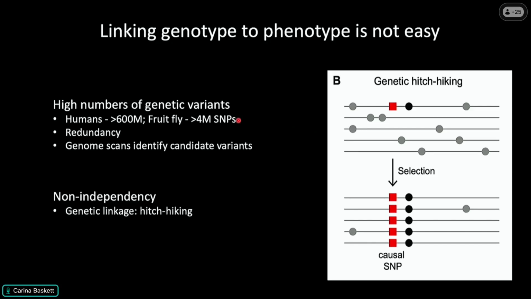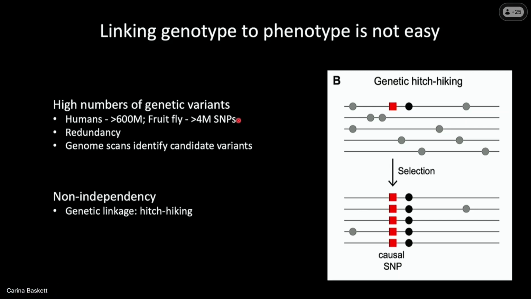And the problem with all these different SNPs is that they tend not to be independent from each other. And you can also not consider them to be independent, because one thing that is very important is genetic linkage. So if you have variants that are located closely together on the genome, they can be genetically linked. And because of this, you can have genetic hitchhiking.